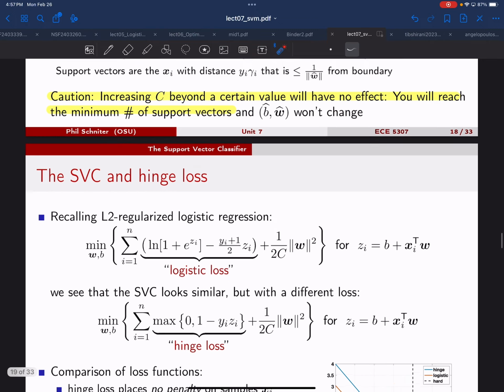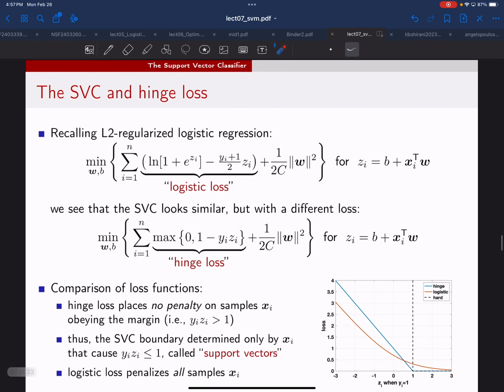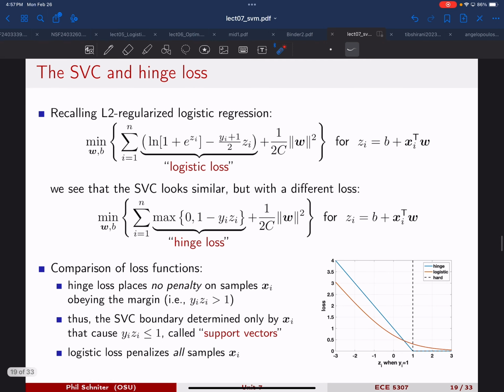And that might be the reason when we saw the pictures of MNIST and we saw that as we increase the number of samples in our training data set, we saw the logistic regression was using all of them, and maybe it was starting to do some weird stuff where it was getting distracted by the easy samples and not focusing on the hard ones. Okay, so SVC is going to focus on the hard ones, and you can see that directly in this loss here, this hinge loss.